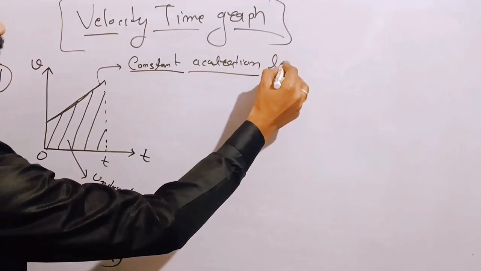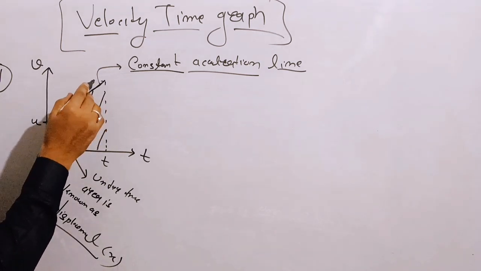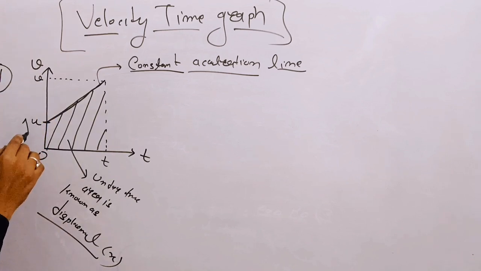And this is the initial velocity of the object. This is the final velocity of the object. So this is the u from origin to u. This is the initial velocity. We will take it as u.